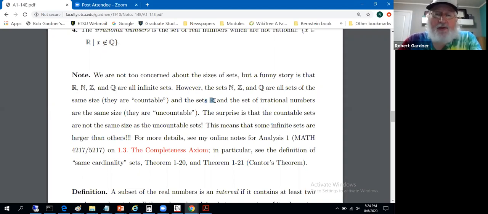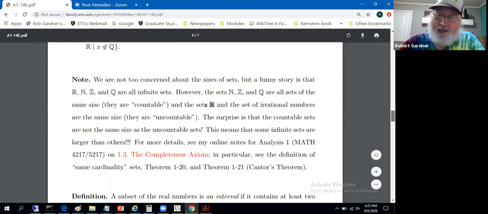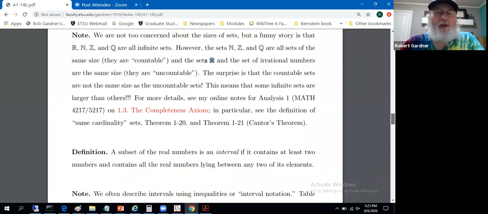Enough of that for Calculus 1. This is discussed usually in a senior level analysis class, possibly a set theory class. ETSU doesn't have a set theory class. It's actually covered in the senior level analysis class, which I've taught many times over the years. There's a link to a discussion of some of this stuff and what it means to say two sets are the same size or the same cardinality.